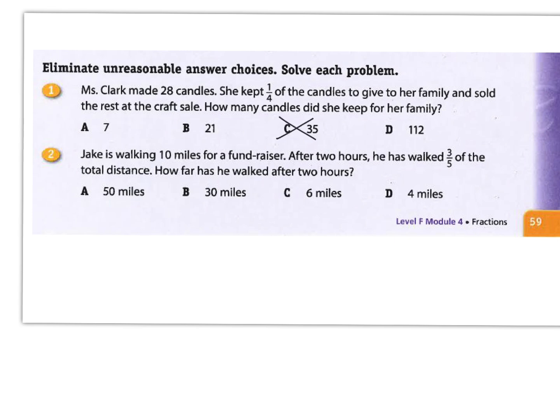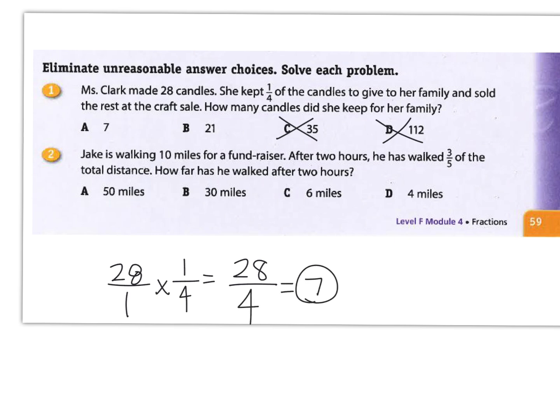So we got to cross off the numbers that are bigger. So then we think 1/4, well, let's solve the problem. If we do 28 over 1 times 1/4, we get 28 over 4, and then 28 divided by 4 is 7. So remember, if you can use some of this problem solving, it will definitely help you if you can eliminate answers that you know are not correct.